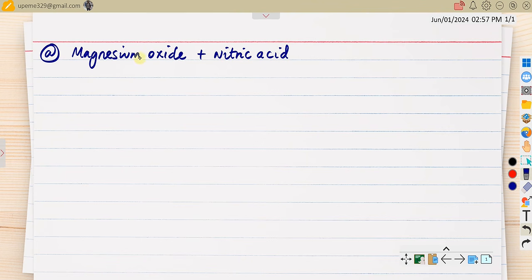So you know this magnesium oxide is a base. This nitric acid is an acid. When these two react, they'll form a salt and water. So the salt which they'll form should be magnesium nitrate.